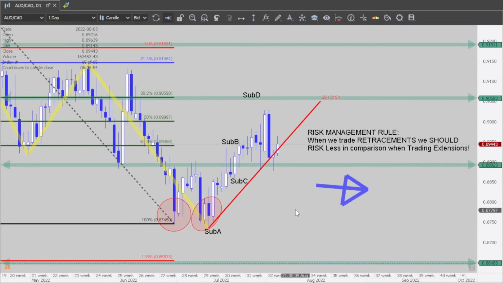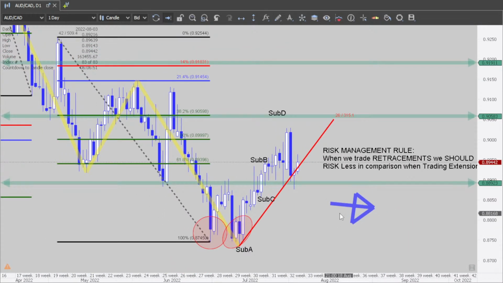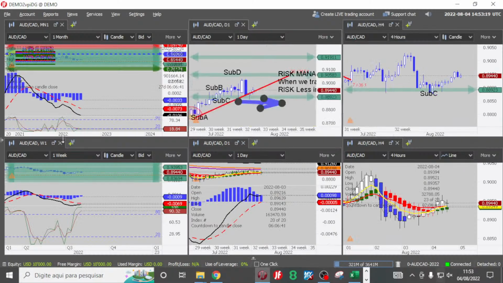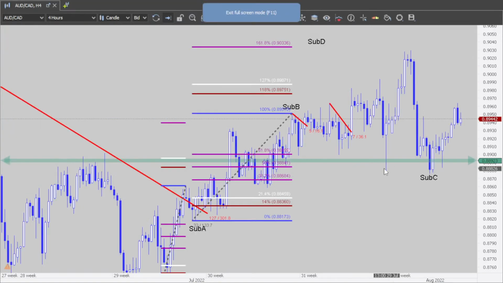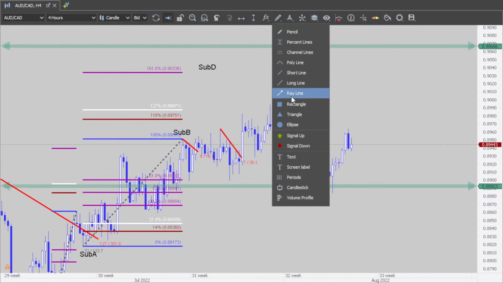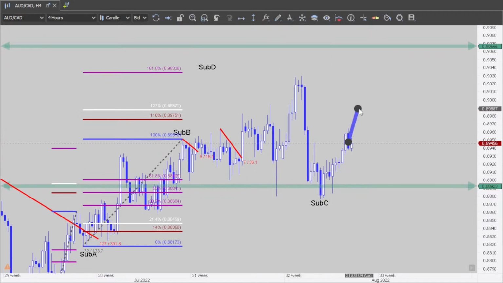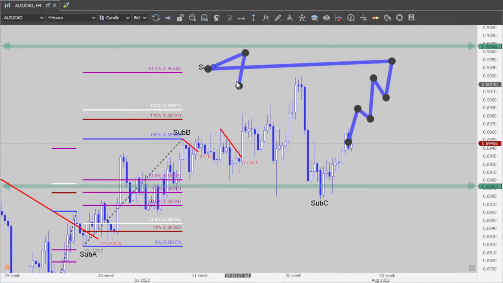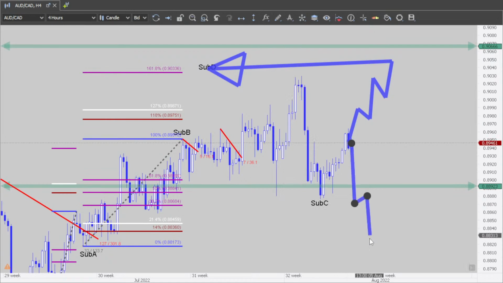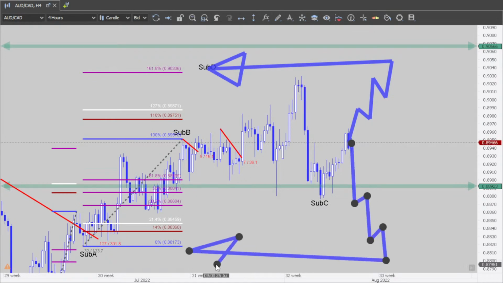Okay, let's make a poll, everybody. Type in the chat. Next week, do you want to short the original AUD CAD direction wise, or maybe tomorrow, right? Tomorrow we have Canadian news. Tomorrow is the news announcement day. So tomorrow, either the market is going to hit the sub D extension because of the news, or the market is going to break the sub A because of the same reason, because of the news.